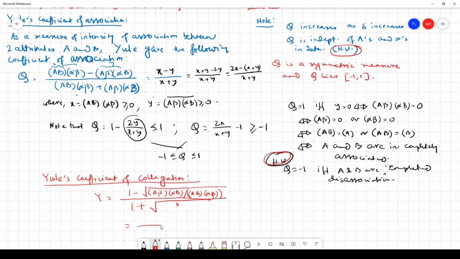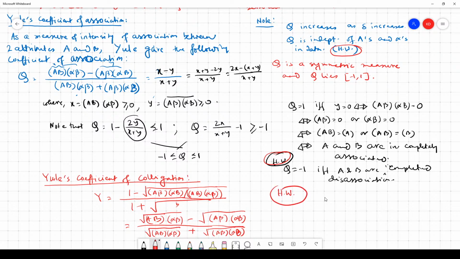So this can be written as AB alpha beta minus A beta alpha B, and the same thing AB alpha beta plus root over A beta alpha B, and this is your homework.